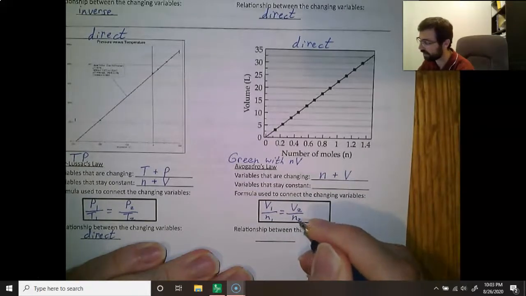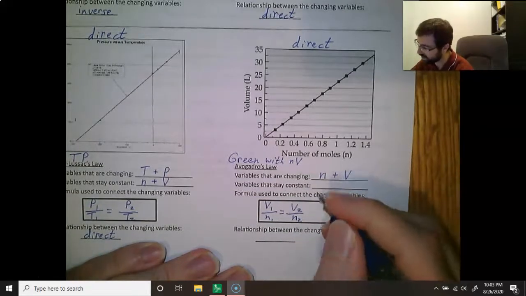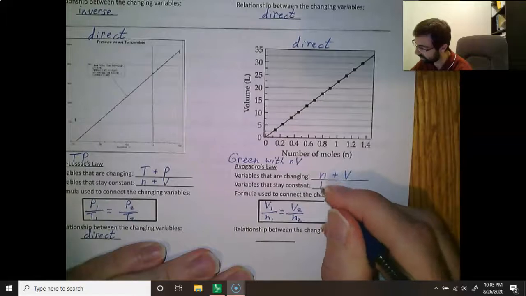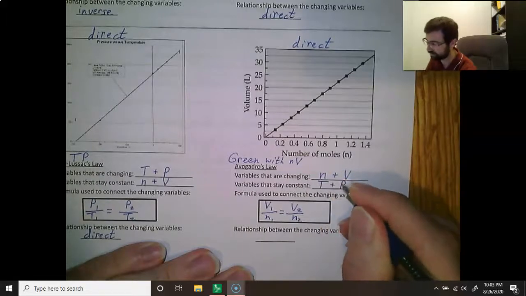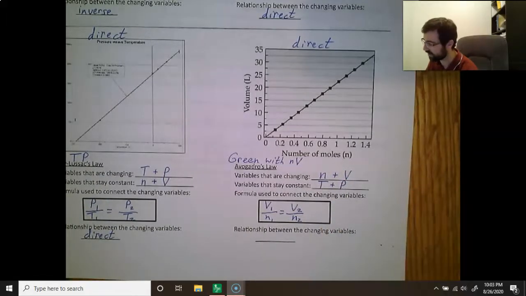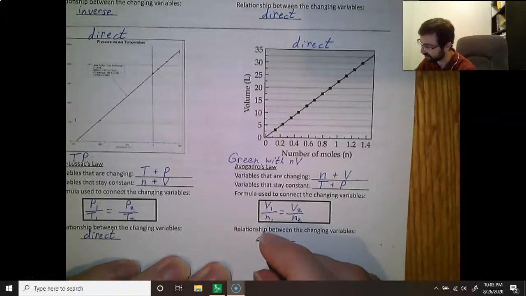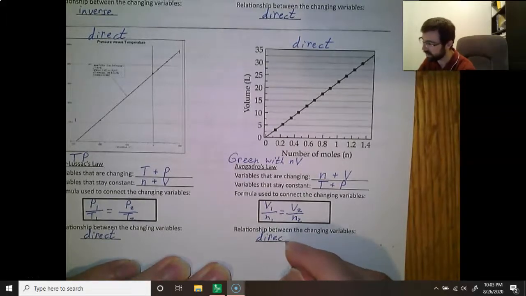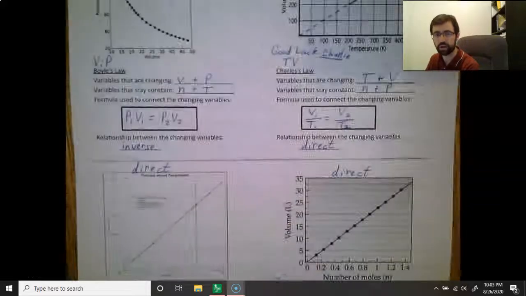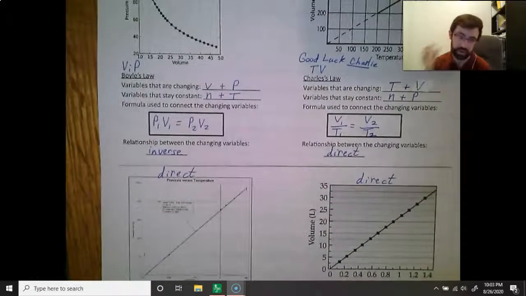I almost forgot to write what's constant. The constants are temperature and pressure. The relationship between the changing variables is direct. It's a direct relationship. Okay, so we've got these 4 laws, primary laws.